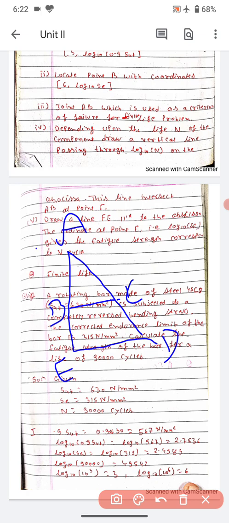Now suppose triangle AED is the bigger one and ABC is the smaller one.